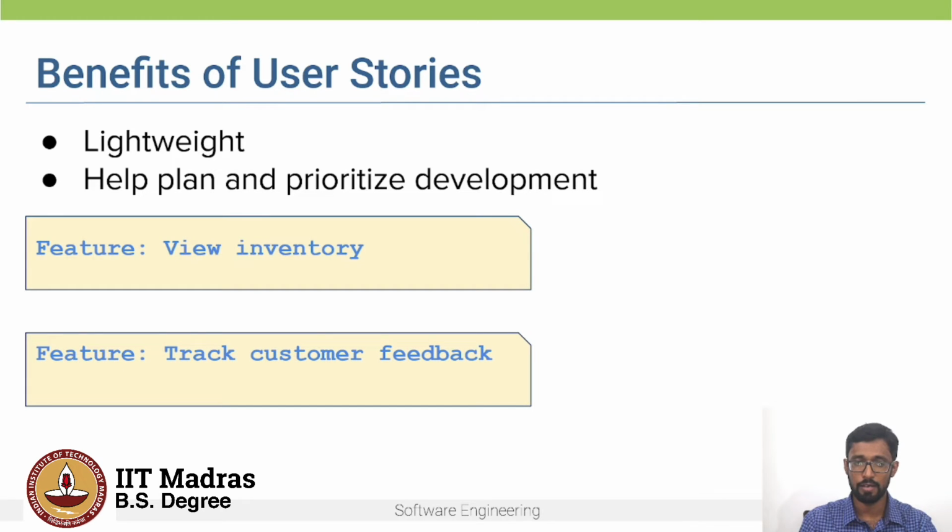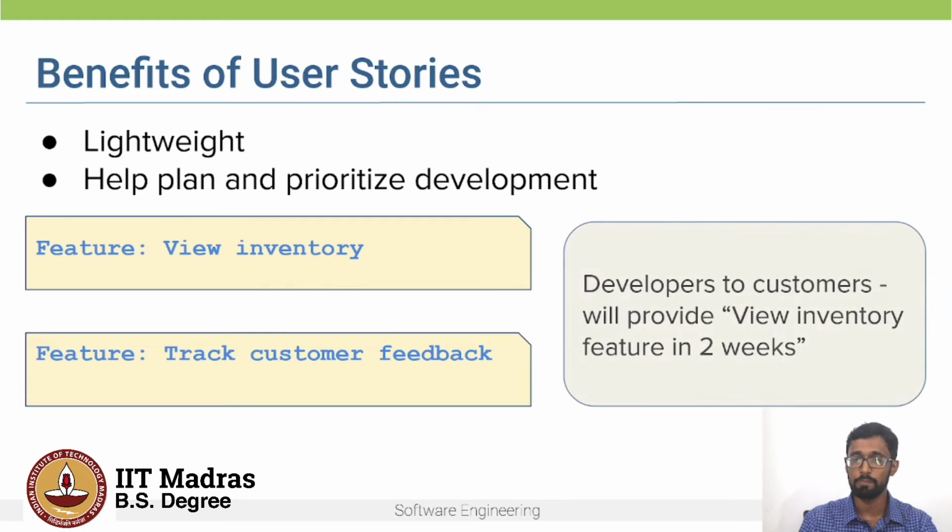For example, we have two features of viewing inventory and tracking customer feedback. In this case, the client might want to implement the catalog and the inventory first. So the development team can tell the customers that we will provide the view inventory feature in 2 weeks.